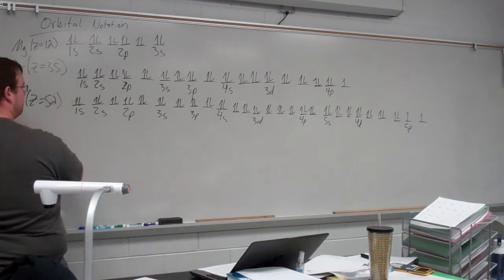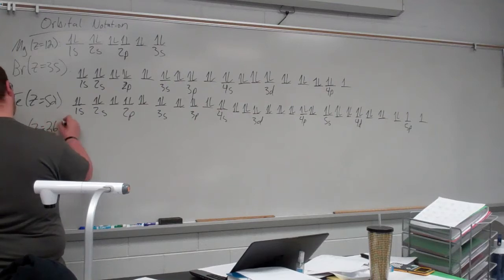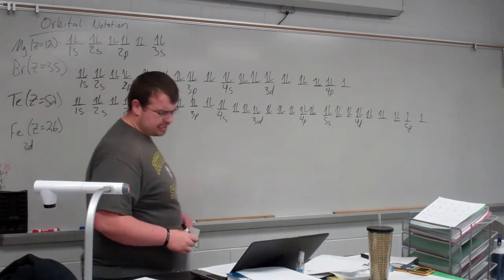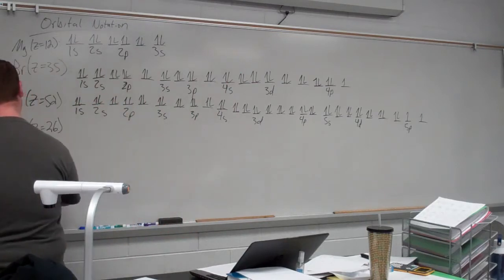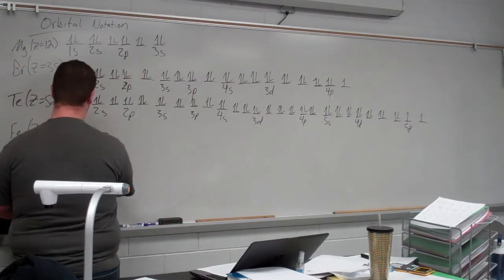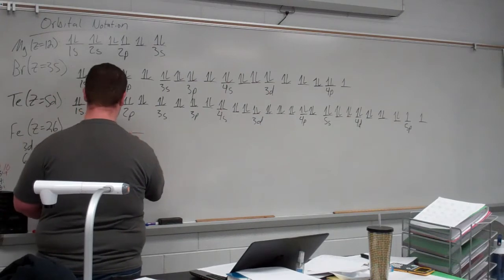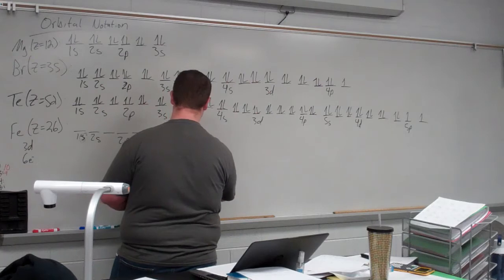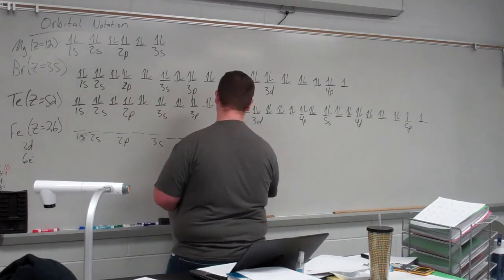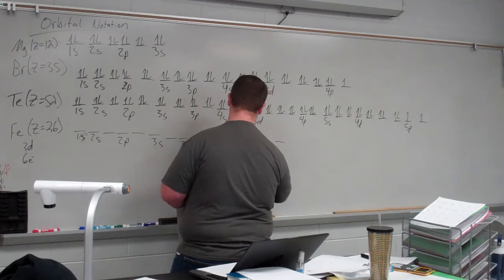Tellurium. We finished with it, so now we're on to iron. Iron is atomic number 26, which will end in 3d. Is it 6? 1, 2, 3, 4, 5, 6. Gotta show 6 electrons. So we got 1s, 2s, 2p, 3s, 3p, 4s, 3d.